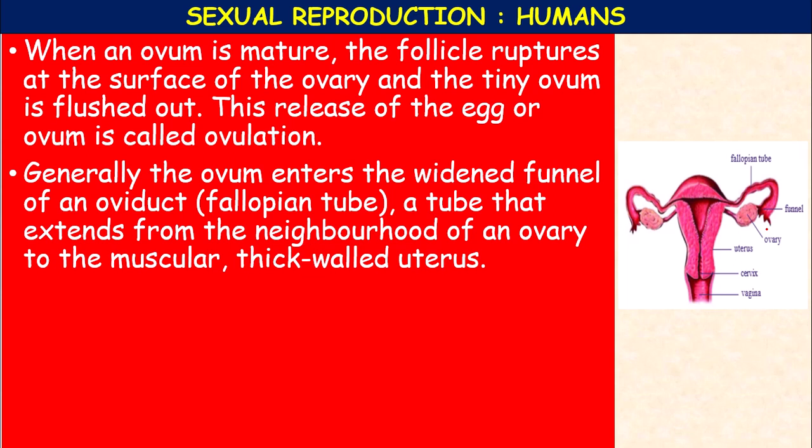As soon as the ovum is released, it enters into the funnel. This is the funnel of the fallopian tube, and it enters into the fallopian tube, and it stays for some time, some 24 to 48 hours, means 1 to 2 days. It waits for the male gamete to fertilize, for the process of fertilization.